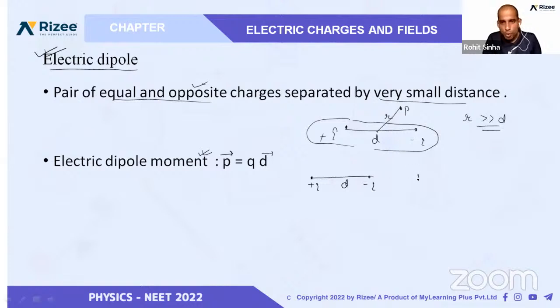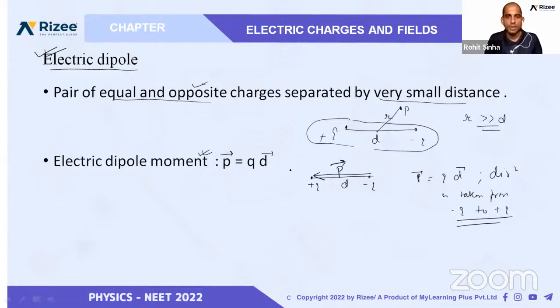The electric dipole moment p is defined as q into d, where the direction, very important, is taken from minus q to plus q. That means we will have this direction of the p vector, the dipole moment. So remember, this is a very important concept.